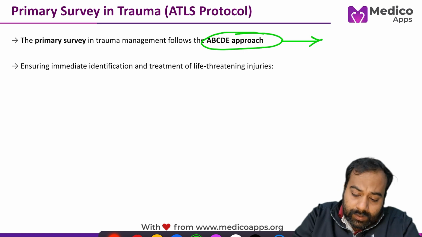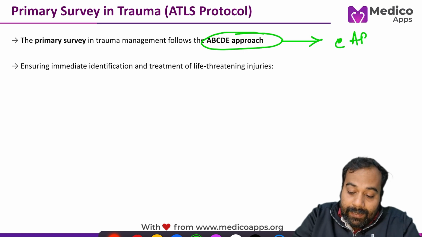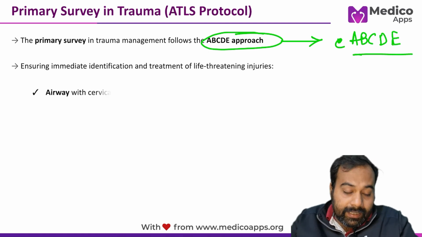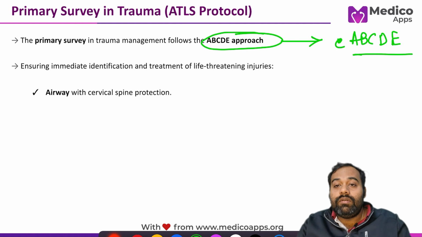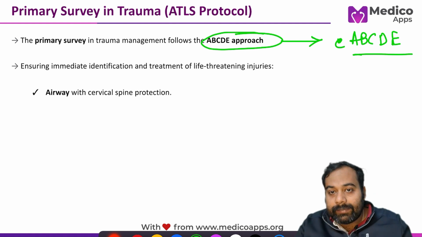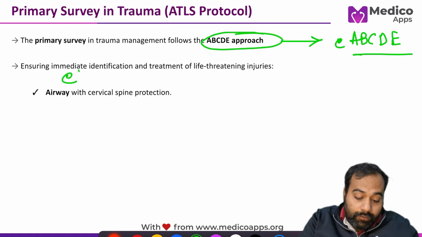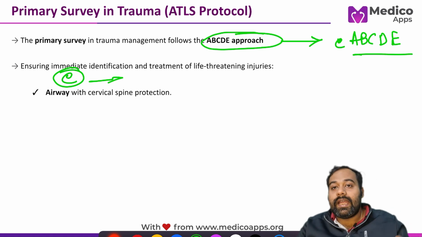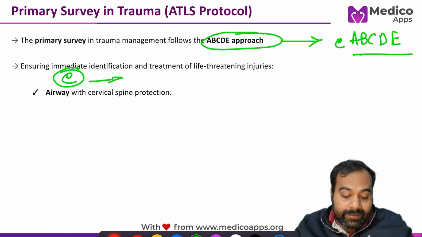Okay, so now it has been C, A, B, C, D, E. So here first of all you have to control the life-threatening hemorrhage, followed by you have to go for the airway and the cervical spine stabilization.